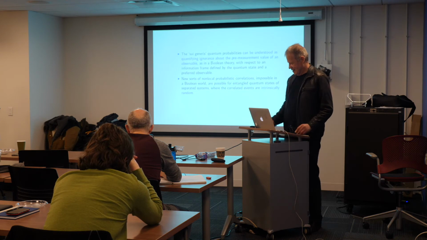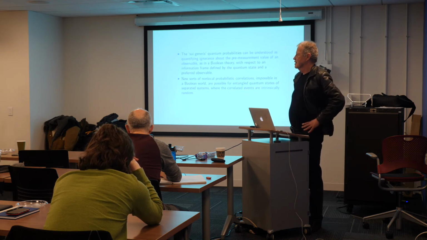When Rob and company talk about what they call a psi-epistemic theory, they have ignorance of the true value of something, the hidden variable, the ontic variable, in a Boolean algebra. When they calculate the probabilities for the outcome of a measurement, they write it as the sum over all the values of the ontic variable of the ignorance of the ontic variable times a conditional probability for the measurement outcome given the ontic variable.